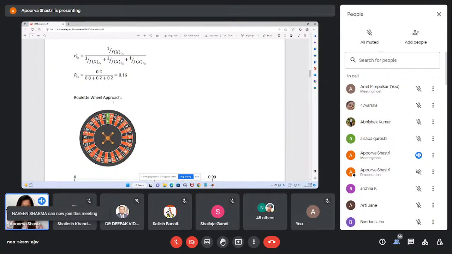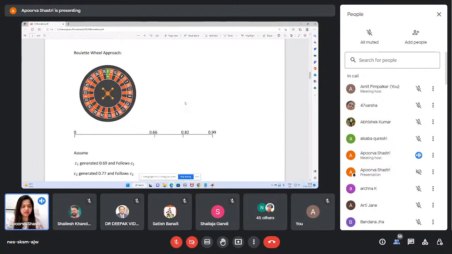Then we used the roulette-wheel approach. We opened the roulette wheel and marked the instances on the roulette-wheel scale. We calculated the cumulative probability to make sure we are not going wrong in any calculation. If the cumulative probability comes out greater than 1, then definitely there is some calculation error, and we need to correct that.